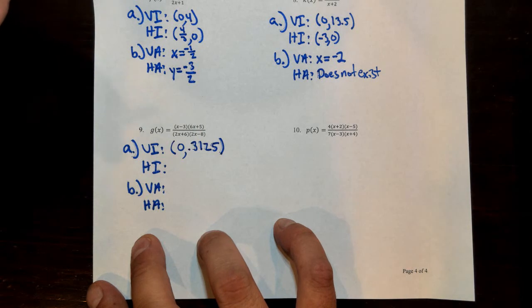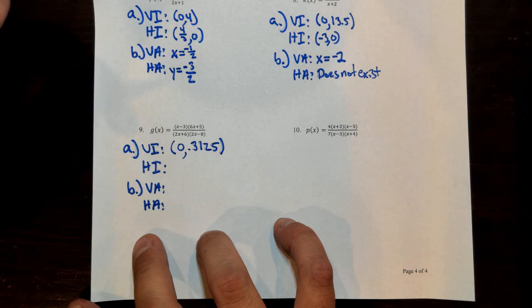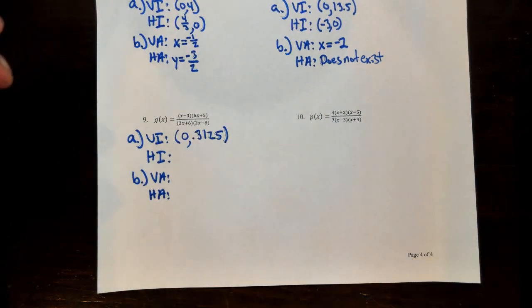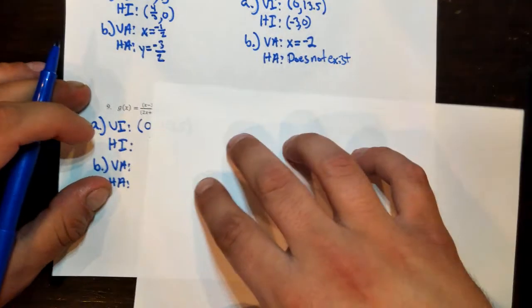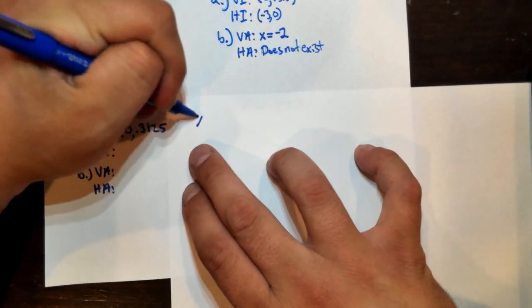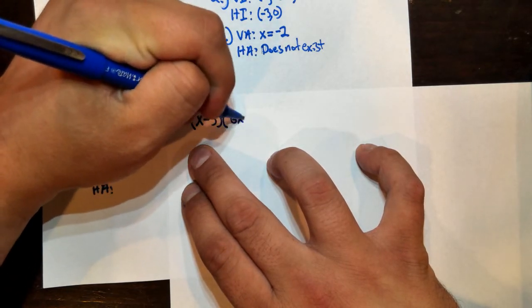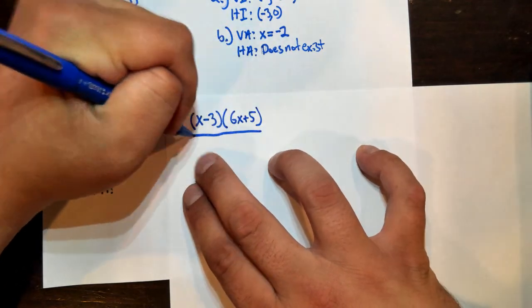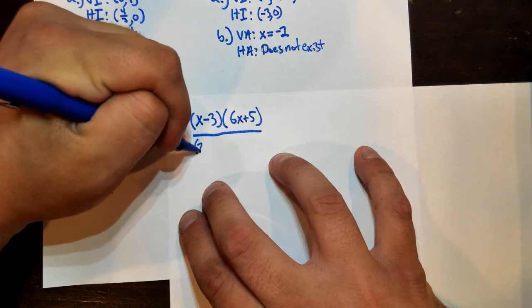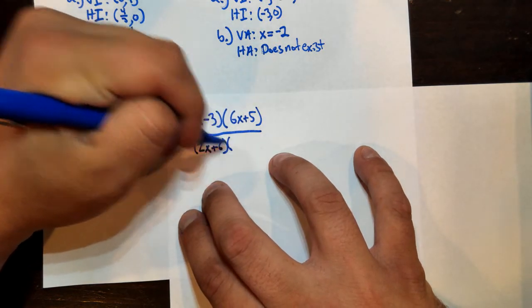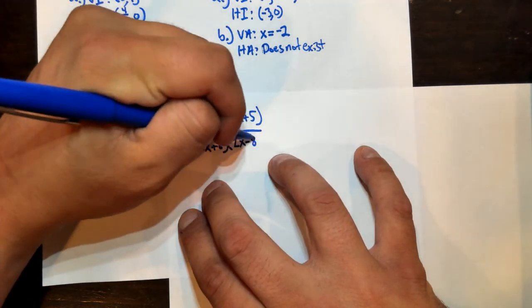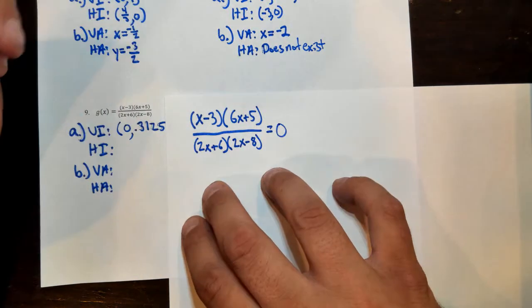Our horizontal intercept, we're going to be solving for x. Hopefully you've seen this pattern so far, or you've gathered this pattern from watching me do this or doing it yourself.